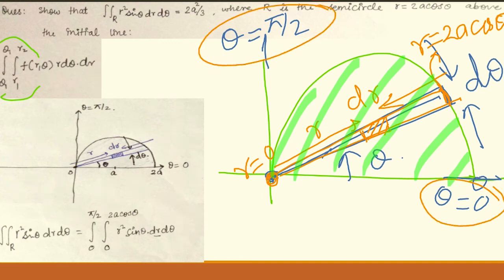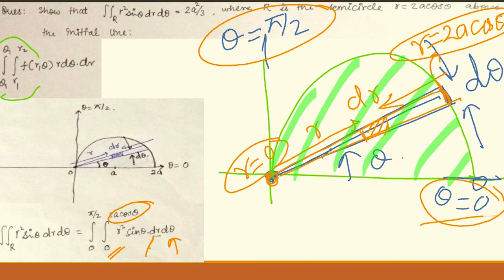We have got the strip, and now we have the limits of integration. For dr, the limit is from r equal to 0 to r equal to 2a cos theta, and for d theta, the limit is from 0 to pi by 2. The only part left in this question is the calculation of this integration.